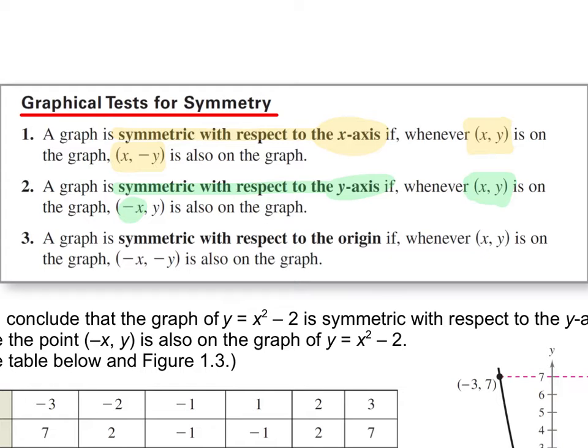And then with respect to the origin, it's both of those things put together. So if we have x and y, then I'm going to flip both of those values, negative x and negative y, on my graph, which makes sense because we just talked that if you have symmetry with respect to the origin, then it's a combination of x-axis and y-axis symmetry.